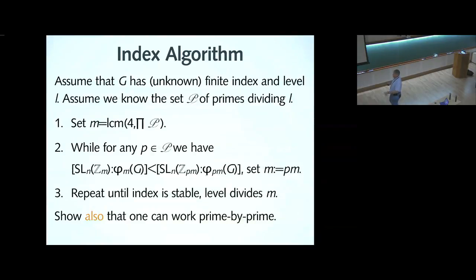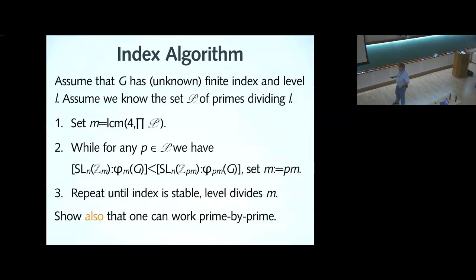Let's assume, and in some way I'm going backwards through the algorithm, how it works. Let's assume we know the primes which divide the index. What I'm taking is the least common multiple of 4 and the product of these primes, and I'm taking 4 here because in small dimension, 2 was special.